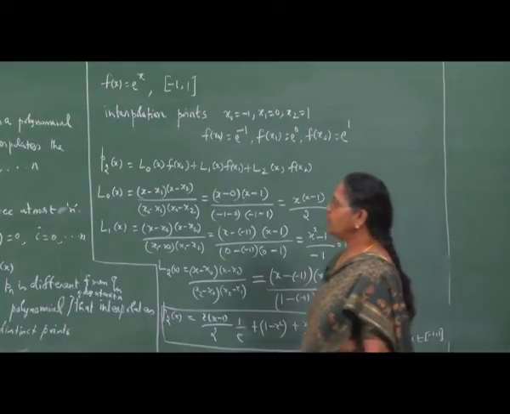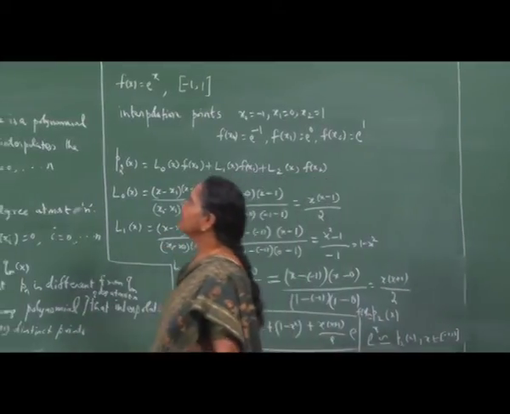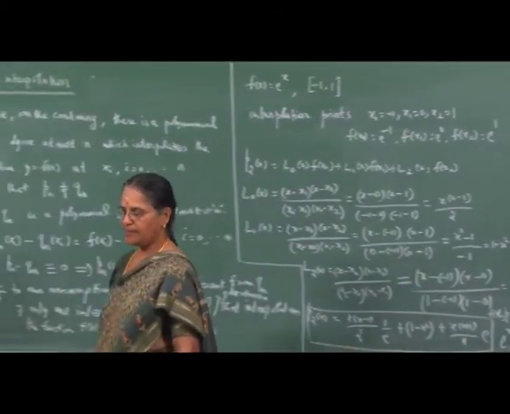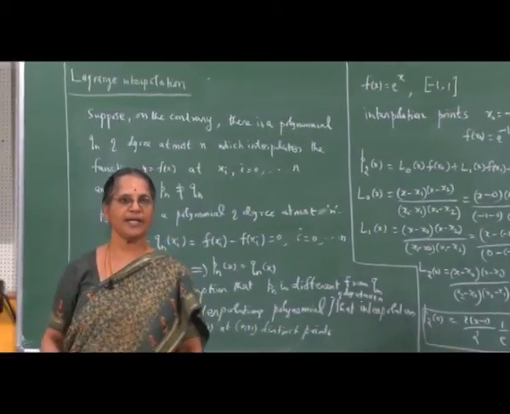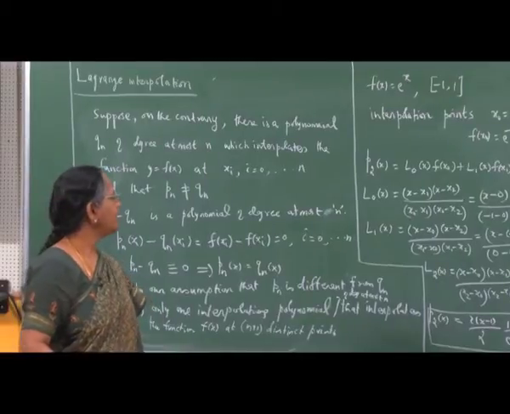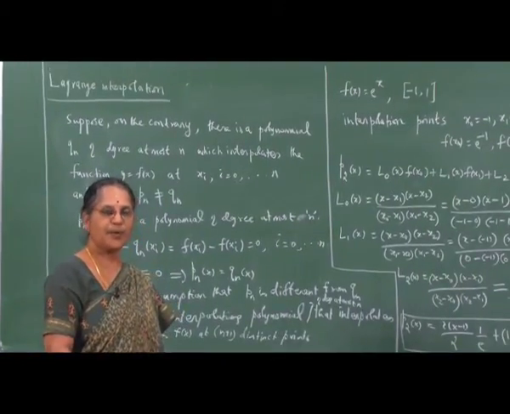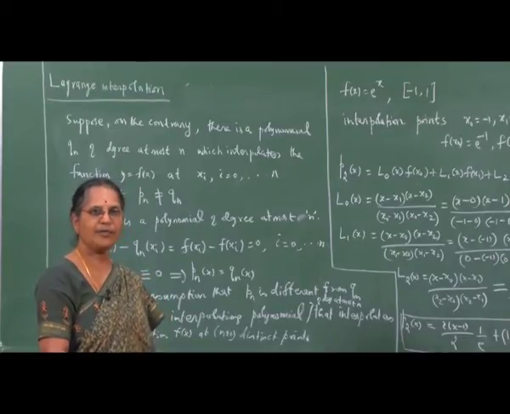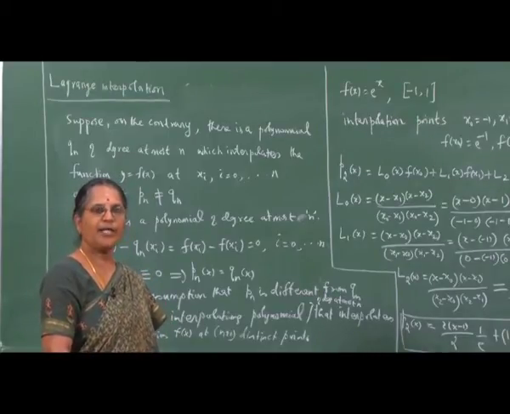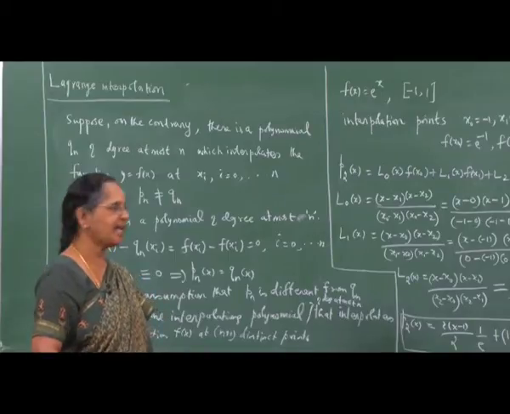So, we have been able to obtain an interpolating polynomial known as the Lagrange interpolating polynomial that interpolates the function at a set of n plus 1 distinct points which need not be equally spaced, and the polynomial is of degree at most n.